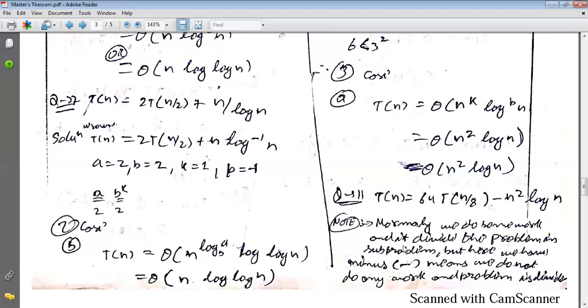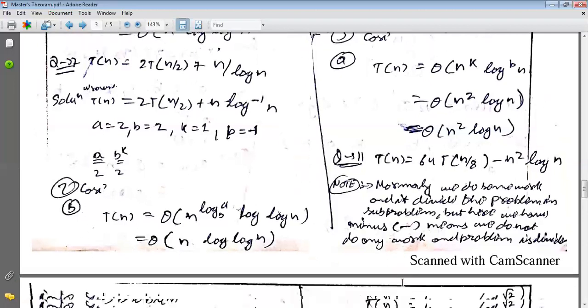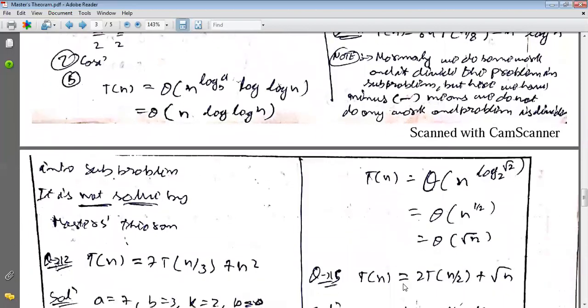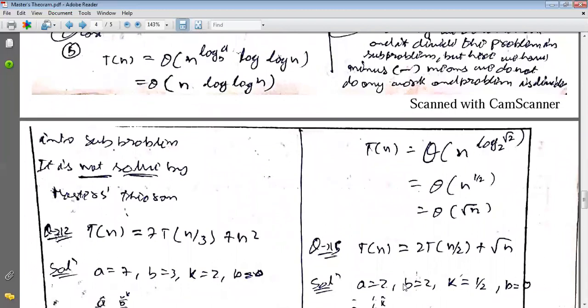Normally we do some work and it divides the problem into subproblems, but here we have a minus sign, meaning we do not do any work and the problem is divided. We don't do any work and we divide the problem. That is the main issue. That's why we are not supposed to solve this problem with the help of Master's theorem. Clear? So this is not solved with Master's theorem.